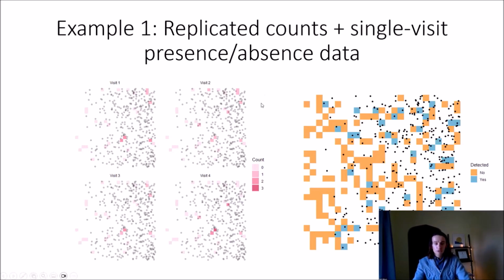It's quite a bit of effort to do these repeated surveys, so you're not able to cover a lot of ground spatially. So maybe you complement that with these single visit presence absence surveys where you go out once and do a quick, rapid assessment. So that's our first example we'll be looking at.